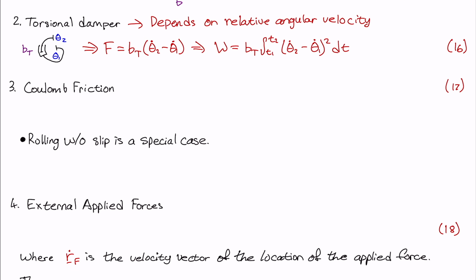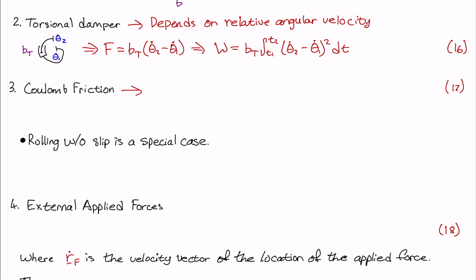Okay, we're going to do Coulomb friction, rolling without slip, and then we'll do some external forces. So for Coulomb friction, in general, the work done by friction is going to be mu times the normal force times the integral.